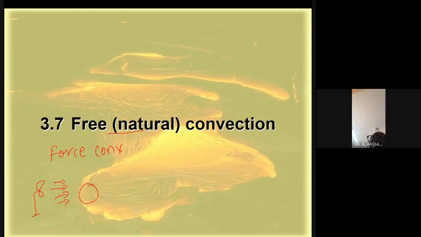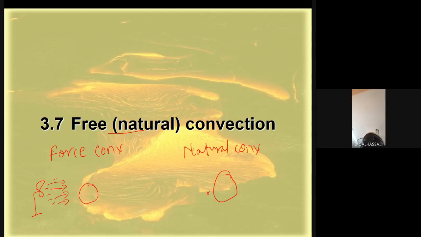You have a blower that blows the air across the hot surface. So the fluid is forced to move in one direction. Whereas for free or natural convection, if this is the hot surface, the fluid moves in different directions.